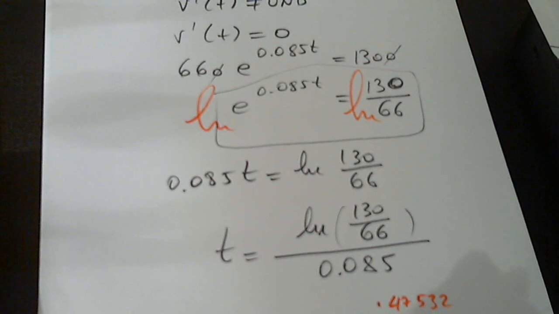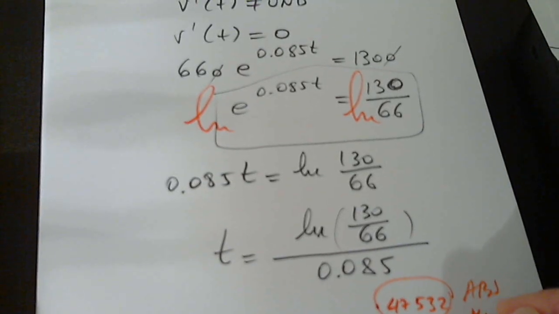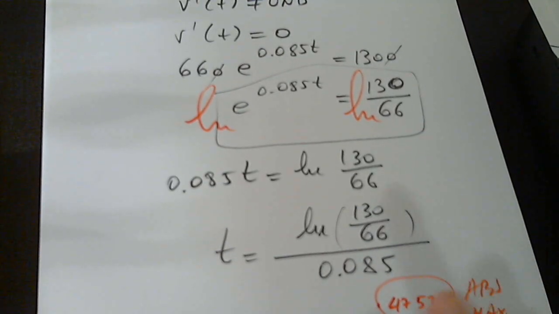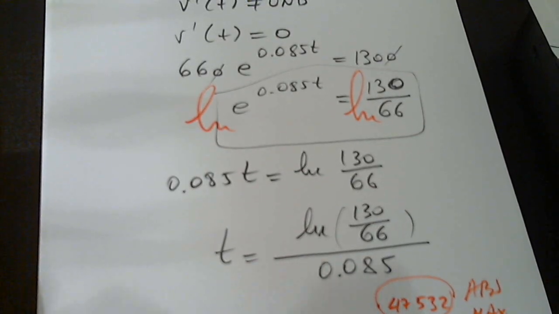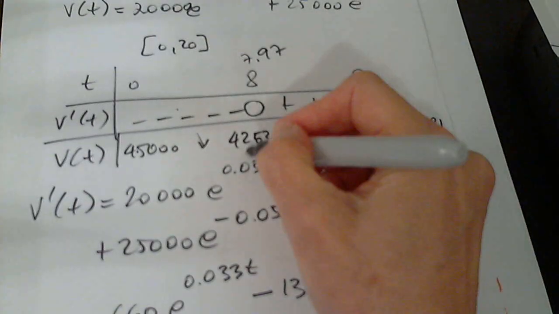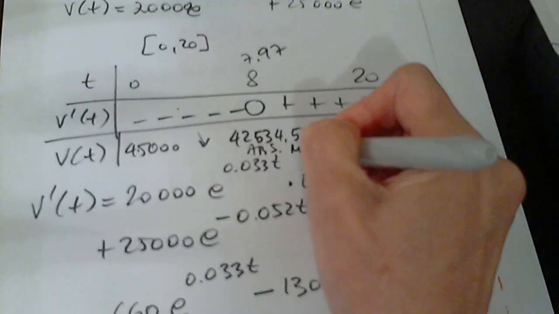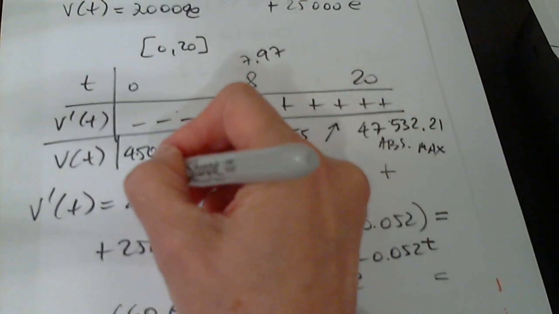Absolute minimum, also relative. Absolute maximum, not relative, and nothing. So again, absolute minimum, absolute max, nothing.